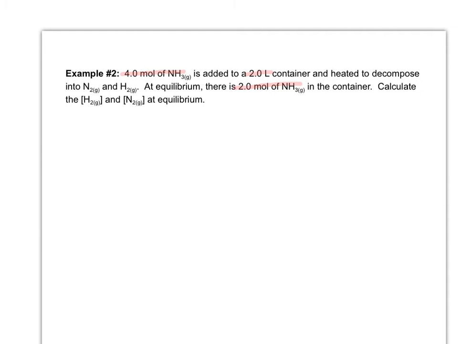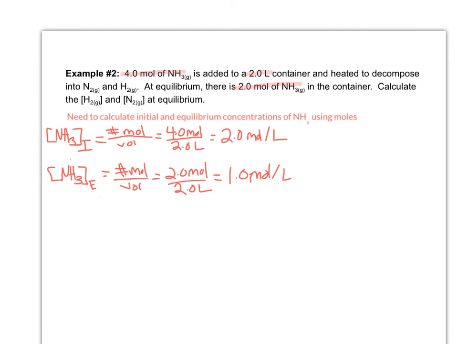So we have to use this information first thing to calculate our concentrations. We need to convert this mole and volume data into concentrations for the NH3 initial and at equilibrium. So the math looks like that. You should know how to calculate concentration from moles and volume, but if you don't, you can see exactly how I did it here.